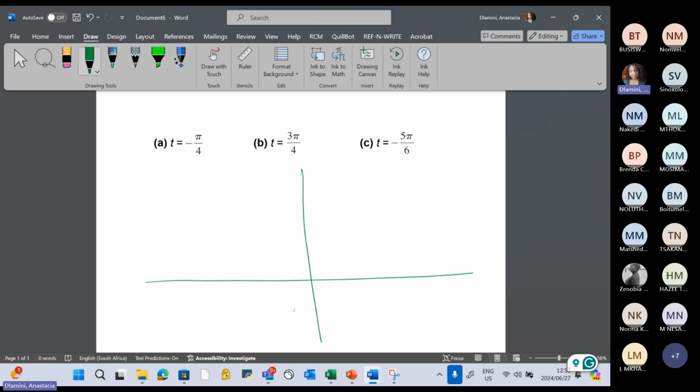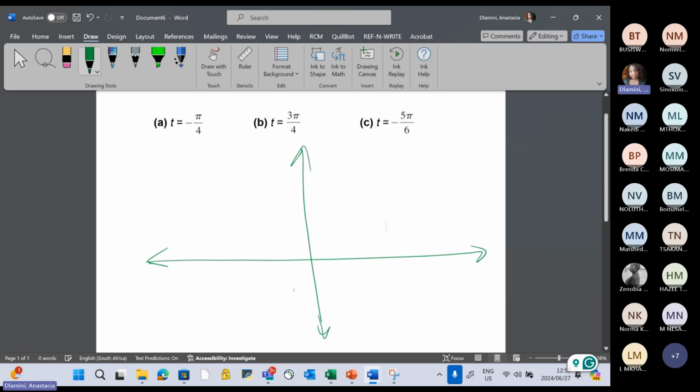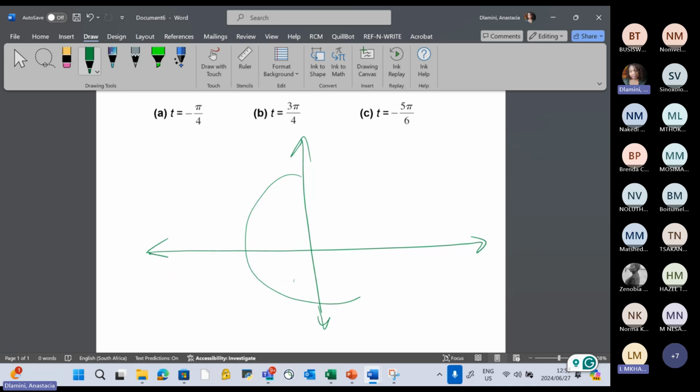Now, we know that this is 0, and this is pi over 2, and this is pi, and this is 3 pi over 2.